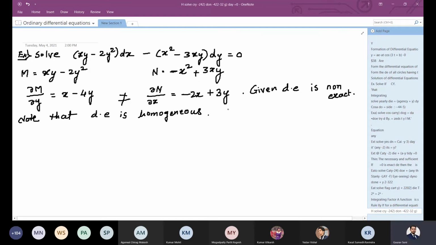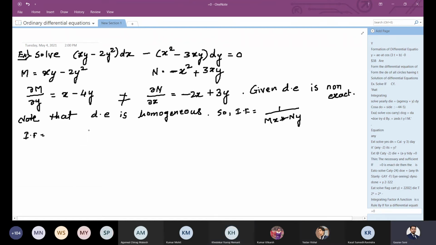When the differential equation is homogeneous, the integrating factor is equal to 1 upon Mx plus Ny. Am I right? Yes, sir. So we'll find out the integrating factor.